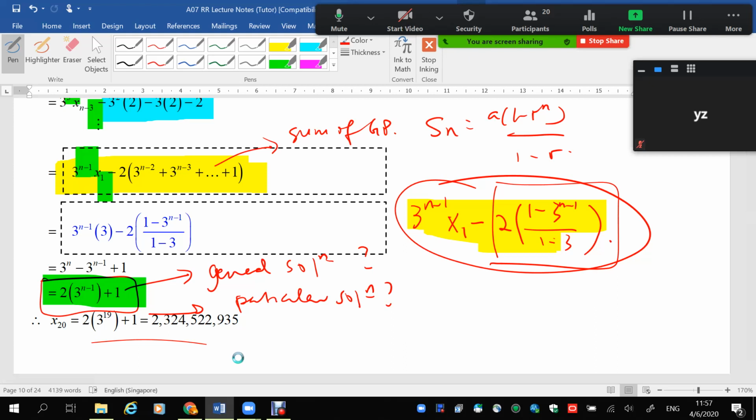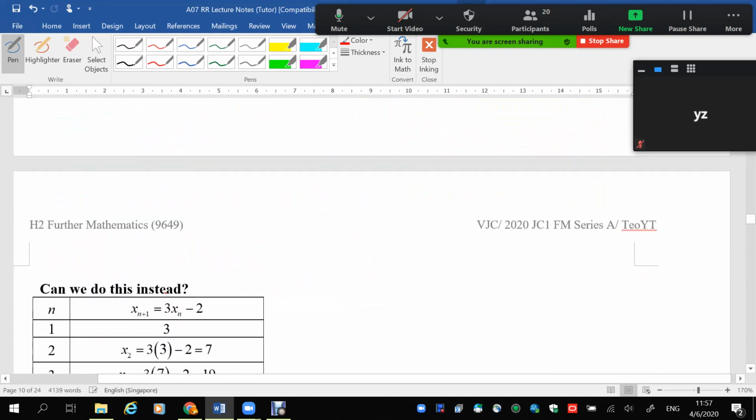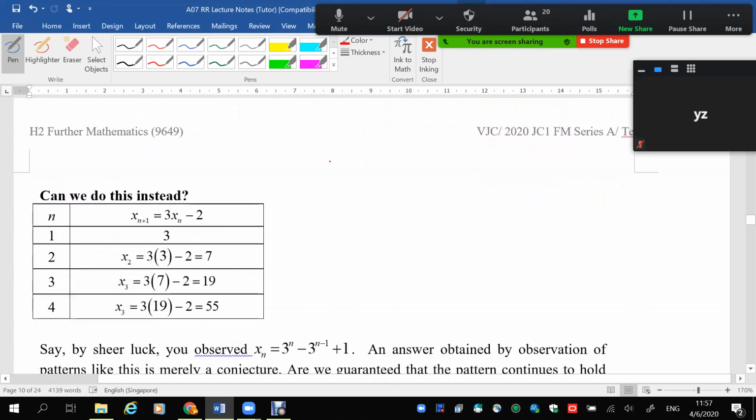Okay, so this is your backtracking method. You will be activating this technique in your tutorial question. Some people will ask what's the point of doing all this, since I can backtrack, correct, or just use my calculator to find x20.